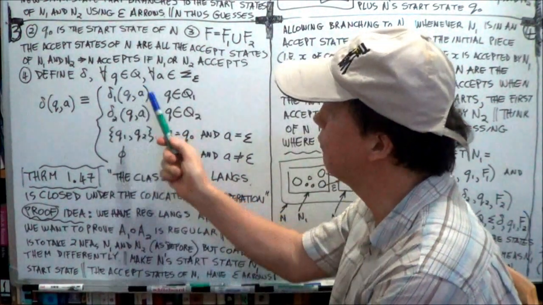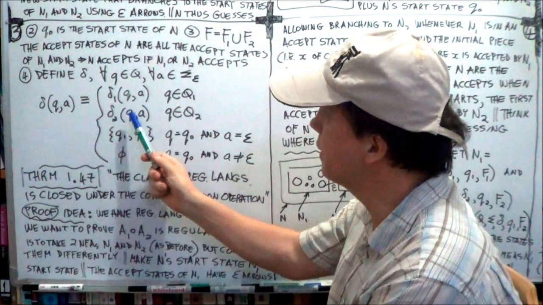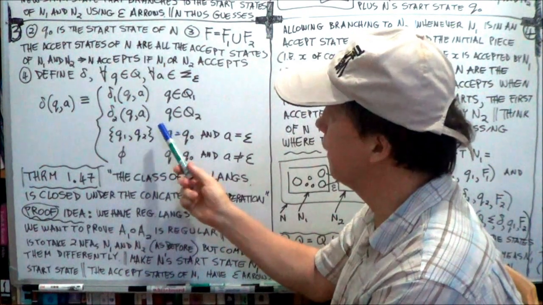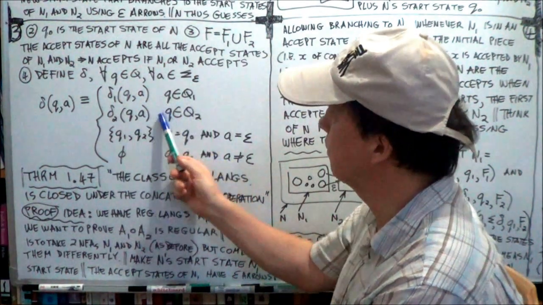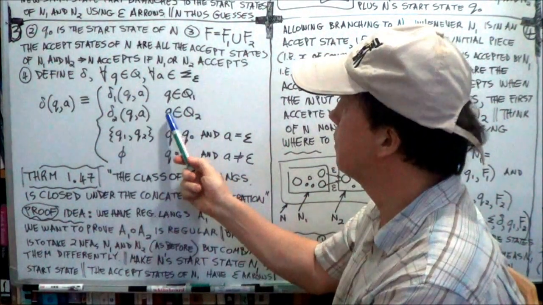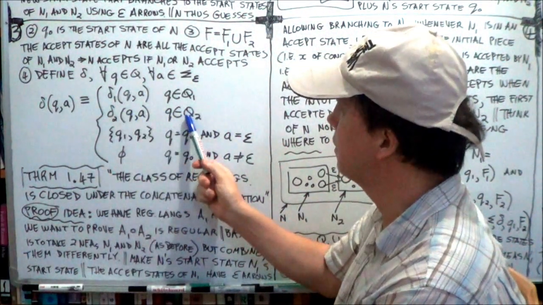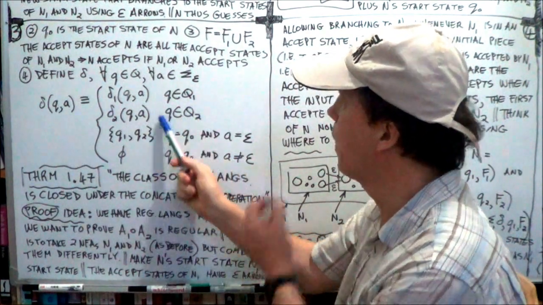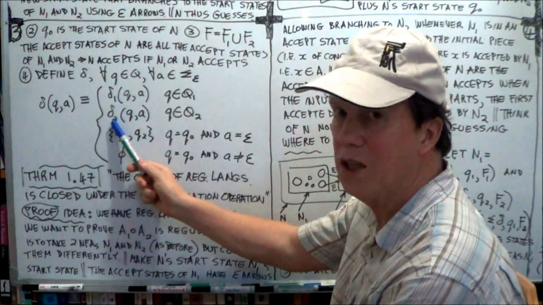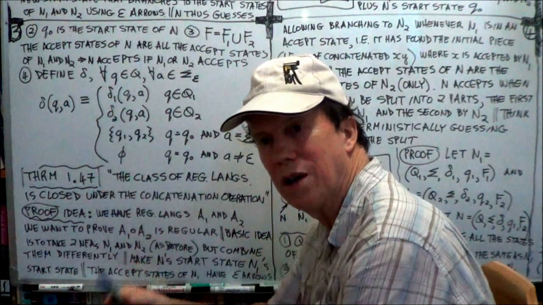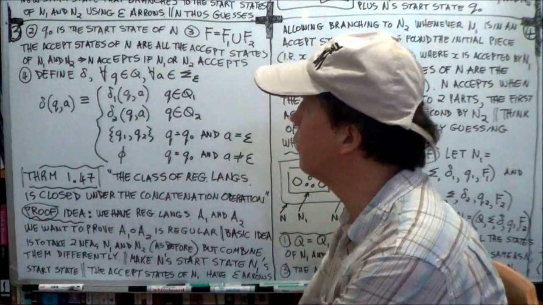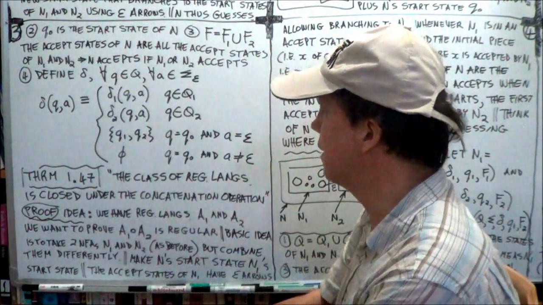Now, if your current state belongs to Q2, then you'd want to use the transition function for machine N2, because you're looking at a string that you hope belongs to the language A2. So these two make a certain amount of sense.